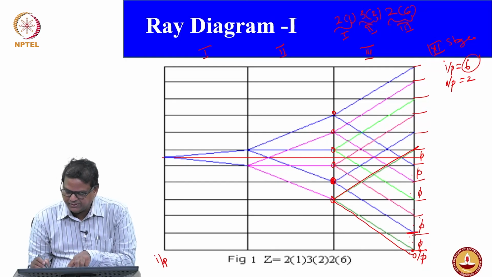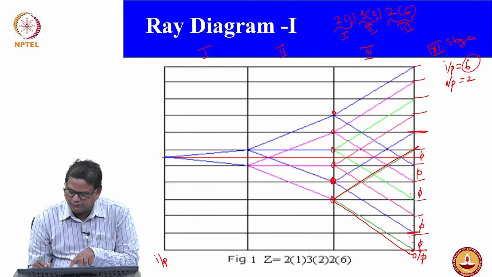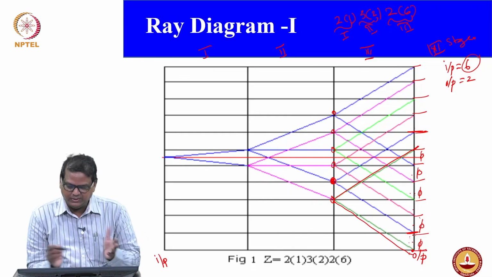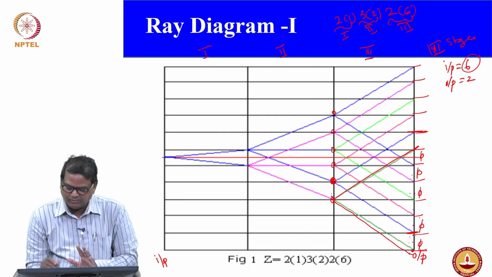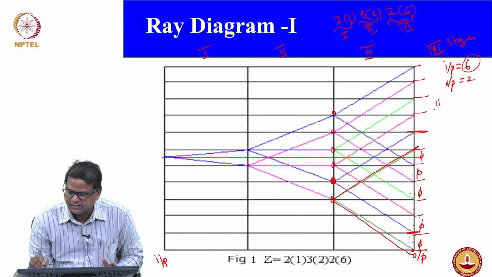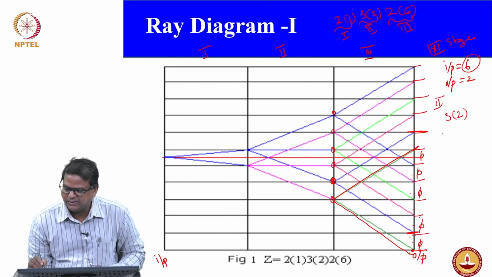If I choose from here to here, look, 1, 2, 3, 4, 5, 6, that is maintained. Now I will move on to the second stage. In the second stage, you have the structural formula 3 2. How many input speeds?